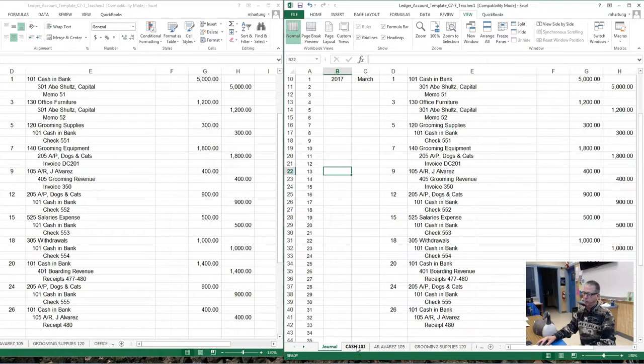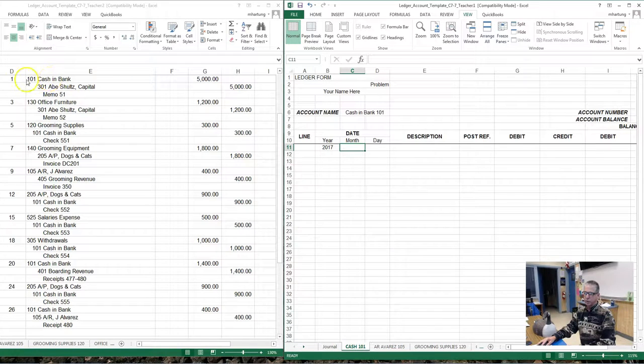So the first one that we want to go to is cash. So we're working in the month of March, and the first entry is on the 1st. Remember, in description, we can leave that blank because we're referencing journal page 1. And it's a debit for $5,000.